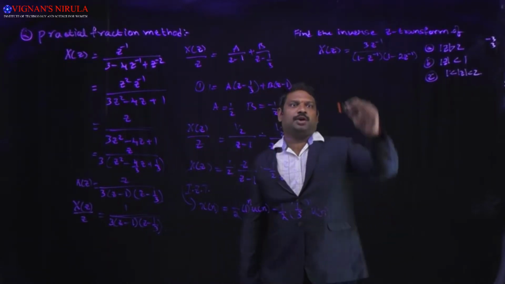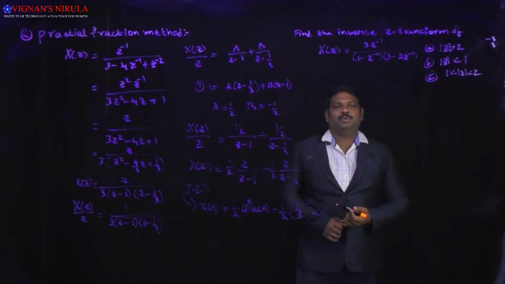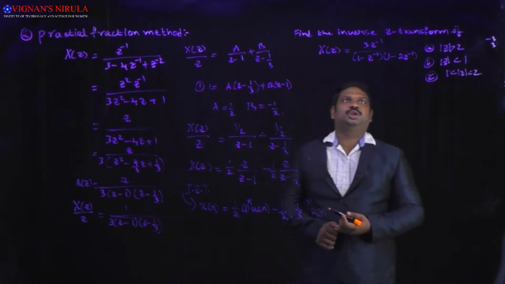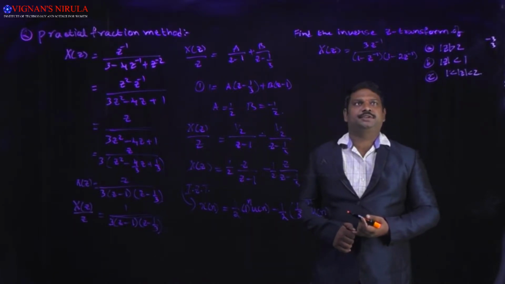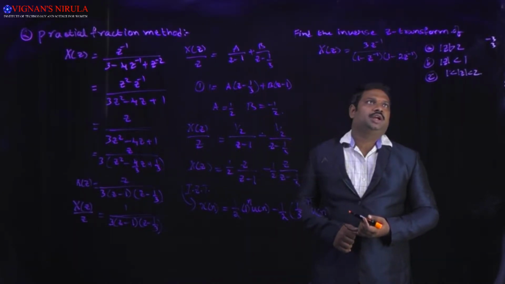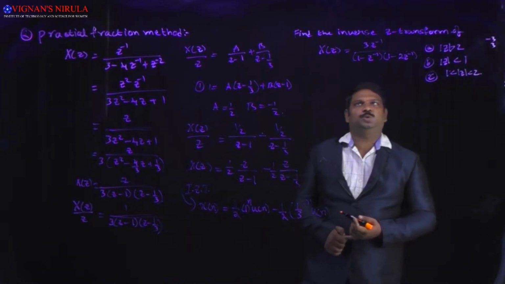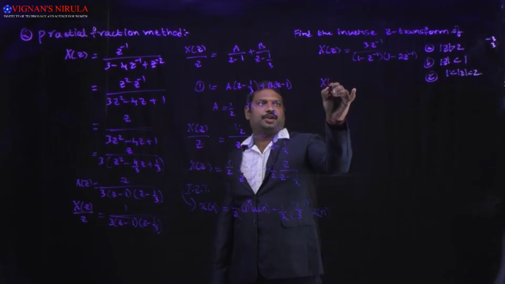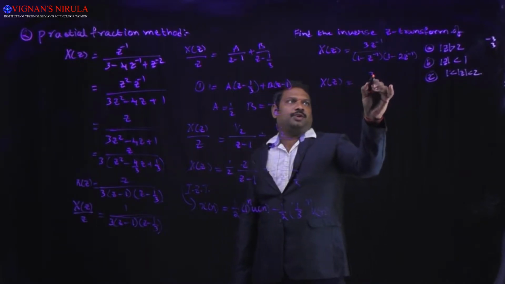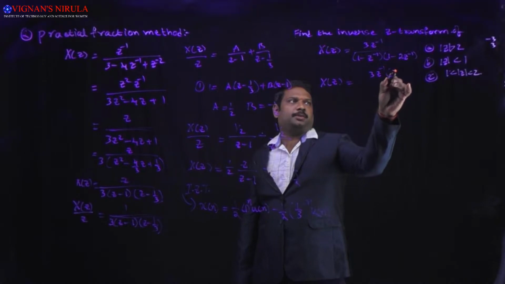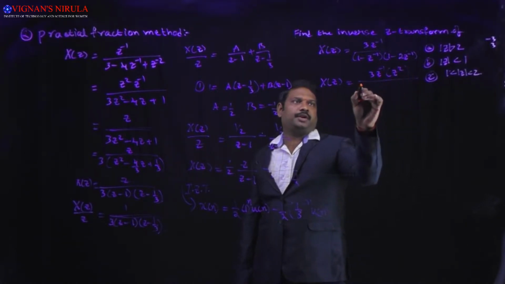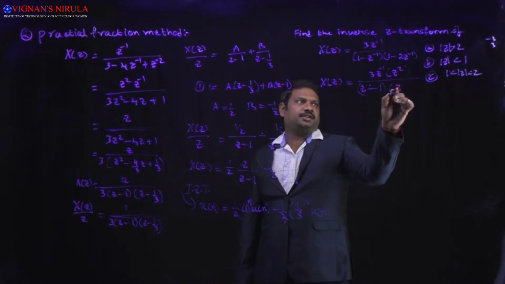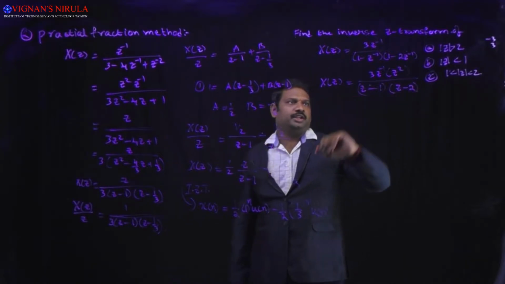Next problem will be this one. Find the inverse Z transform of X(z) = 3z^-1 / ((1 - z^-1)(1 - 2z^-1)), for (a) |z| greater than 2, (b) |z| less than 1, and (c) 1 less than |z| less than 2. Multiplying z square in the numerator and denominator, we get z minus 1 and z minus 2 in the denominator.